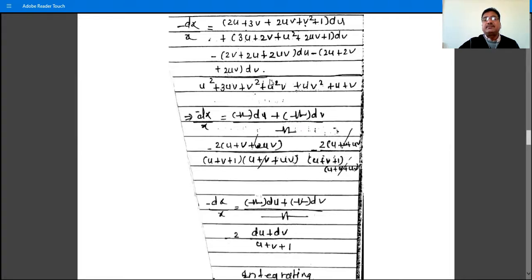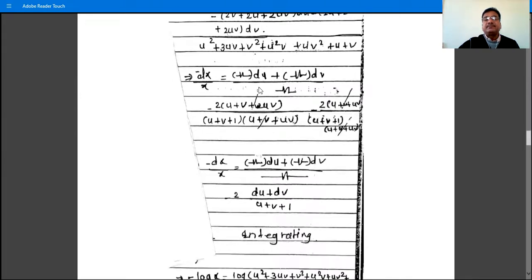Its factorization is this. Similarly, this term dv divided by this denominator, and then its factorization. Then cancel the u plus v plus uv in the denominator and numerator.